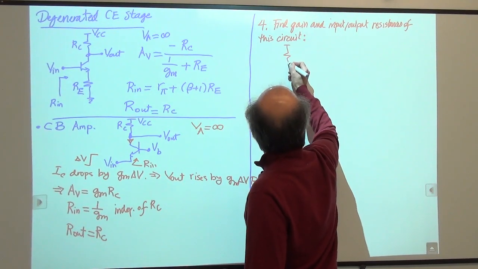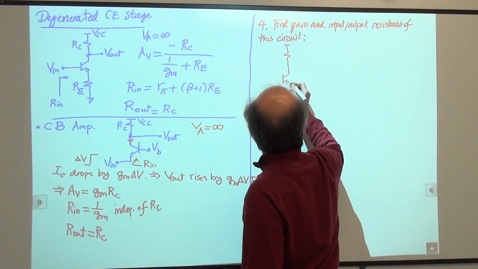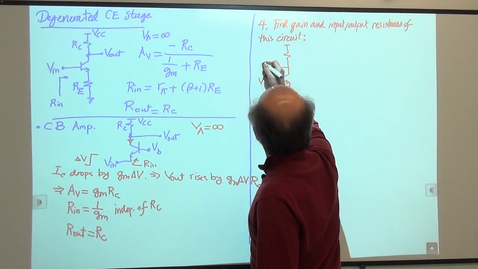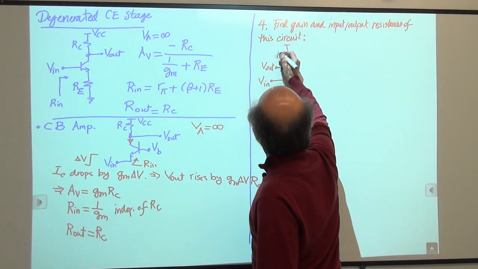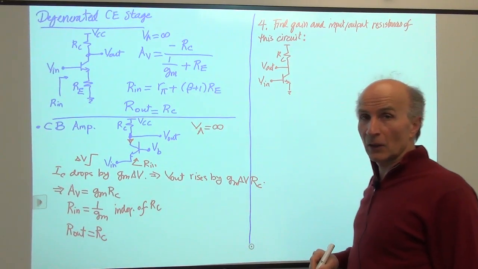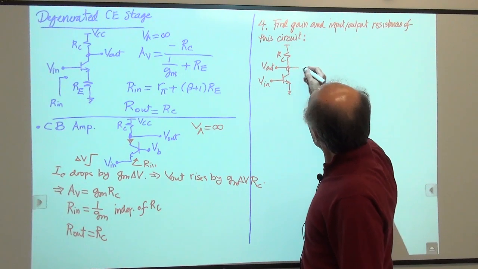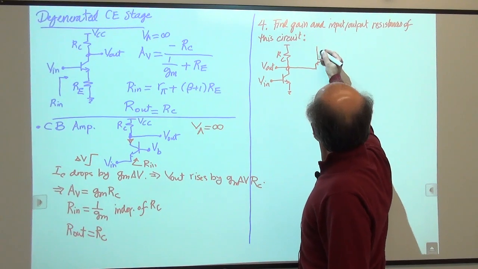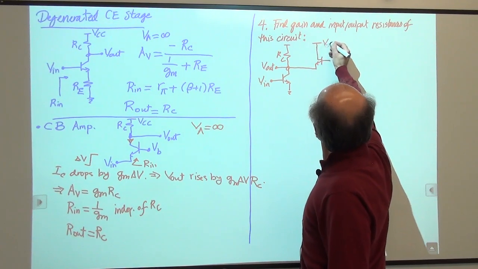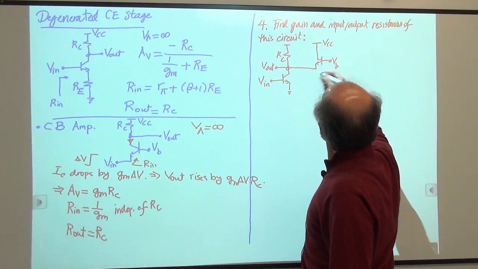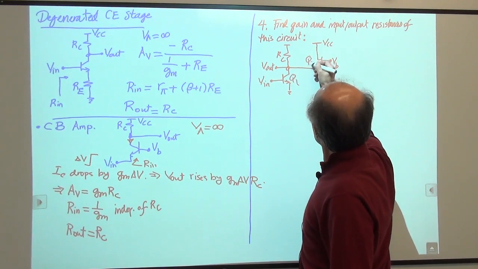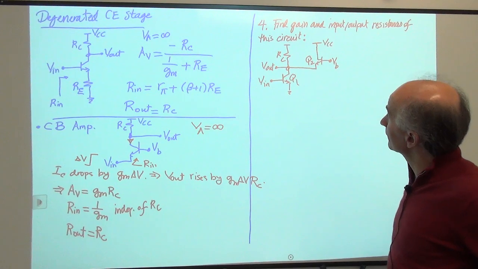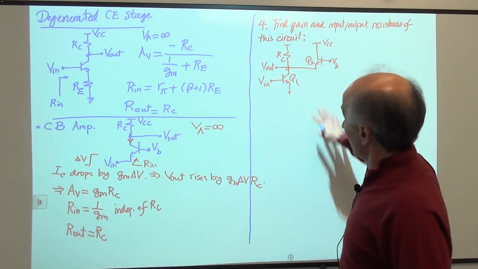So I have a common emitter stage like so, V in, V out, RC. But this collector is connected to a transistor like this. So we call this Q1, we call this Q2. And we'd like to find the voltage gain of the circuit, and the input and output resistances.